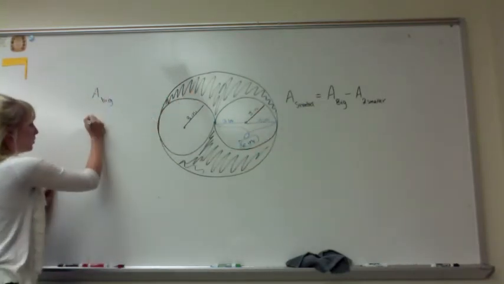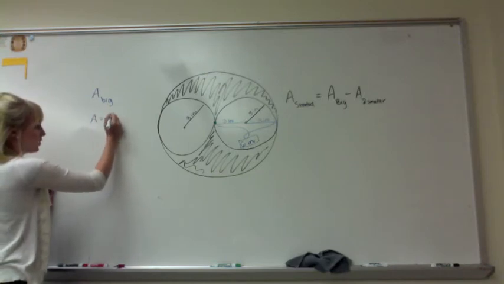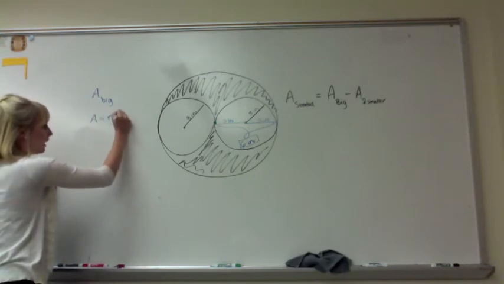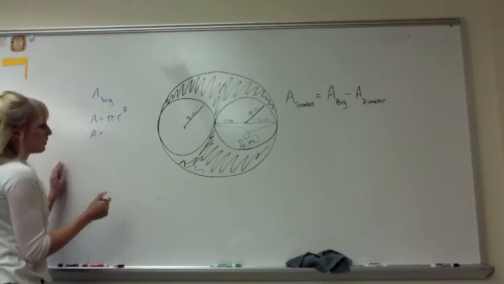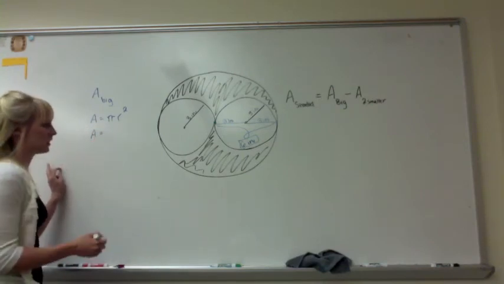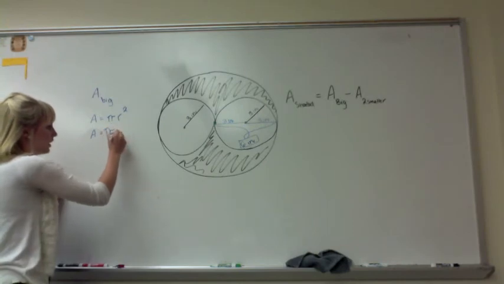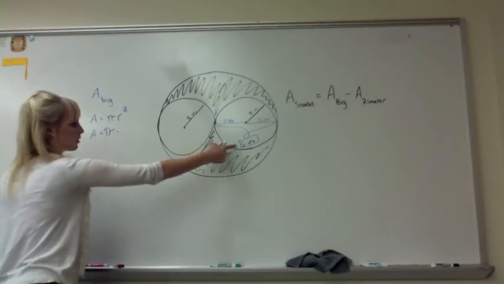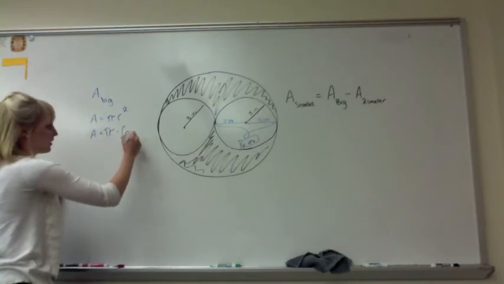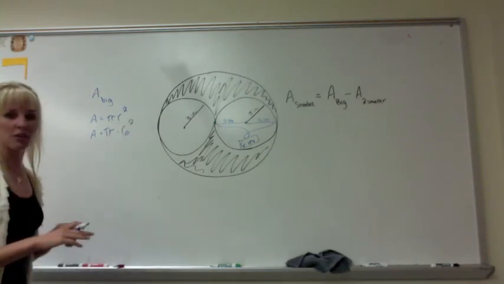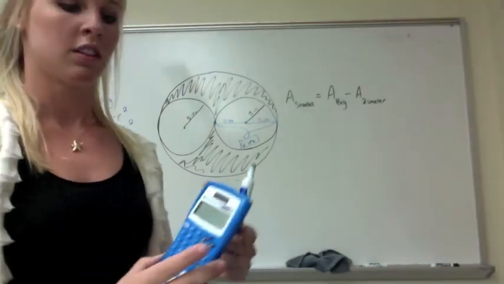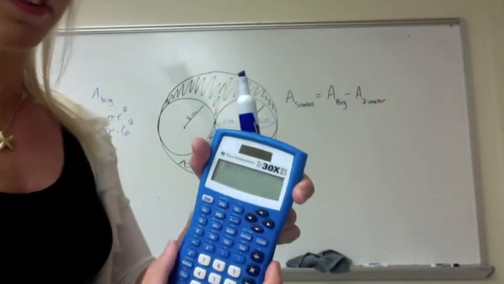Okay? So we know that area is equal to pi times the radius squared. I'm going to use the pi button on my calculator just to cut time out. So it's pi times the radius squared. The radius of the large circle is 6 inches, so it's 6 inches squared. Now on your calculator, I'm just going to multiply them.